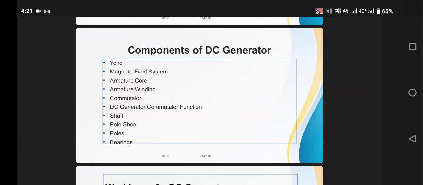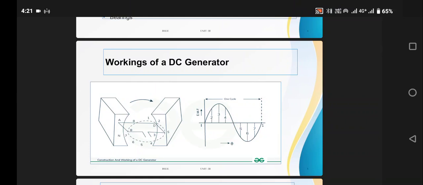Then we will see the working of a DC generator. Here the armature rotates in between the poles. Because of this rotation, an EMF is generated.